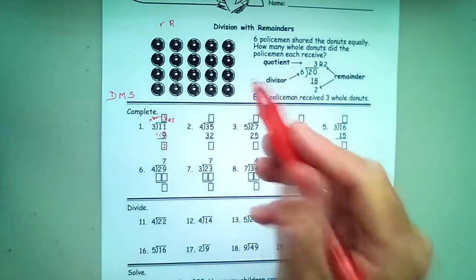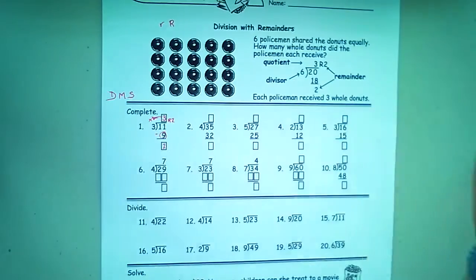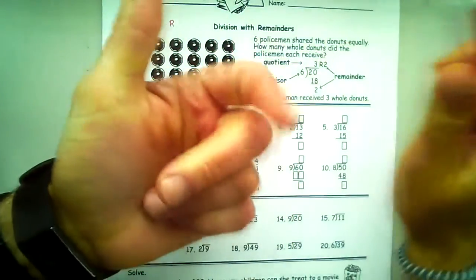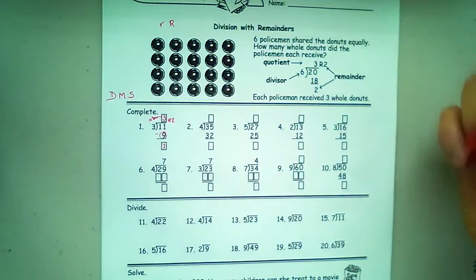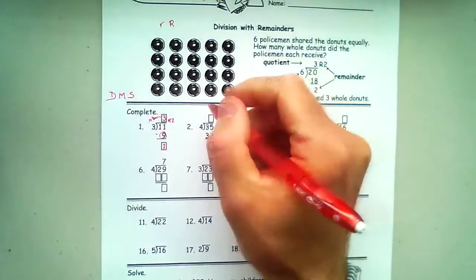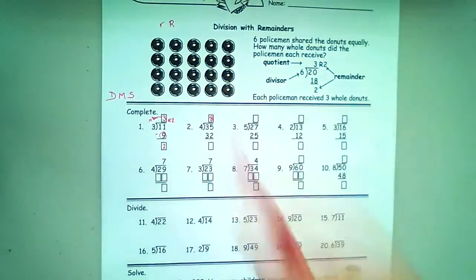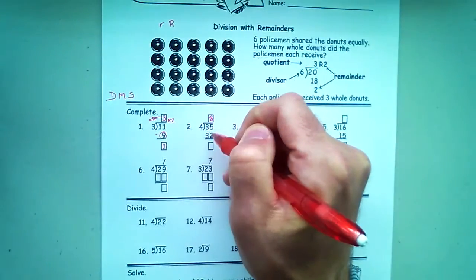Okay, let's try that again. I'm asking myself, how many times does 4 go into 35 without going over? Knowing my times tables of 4, 8, 12, 16, 20, 24, going all the way up, 28, 32, 36. 36 is too big. So my 4 times 9 is 36. It's too big, so it has to be 8 because I know my times tables. 8 times 4 gives me 32.